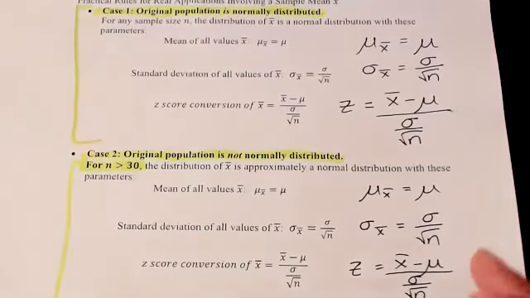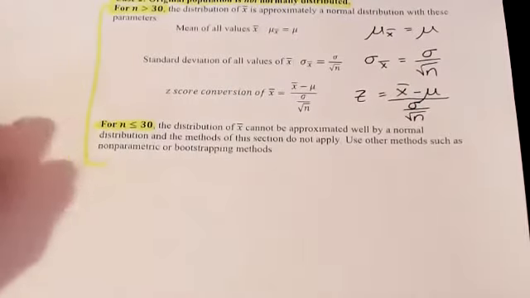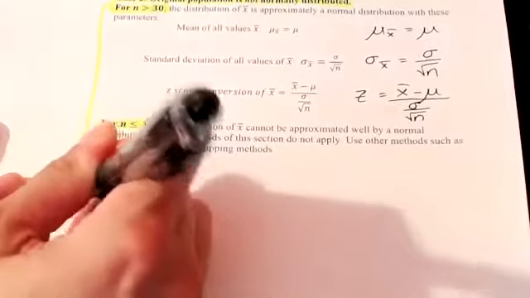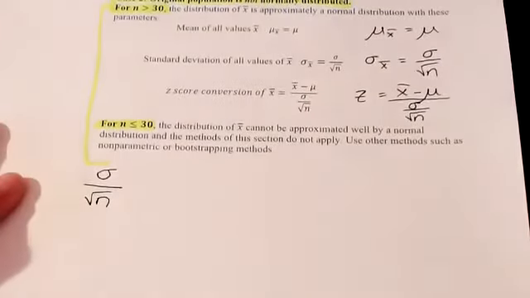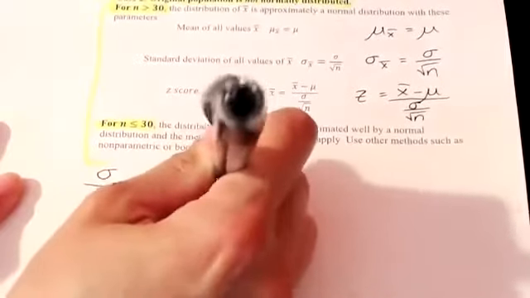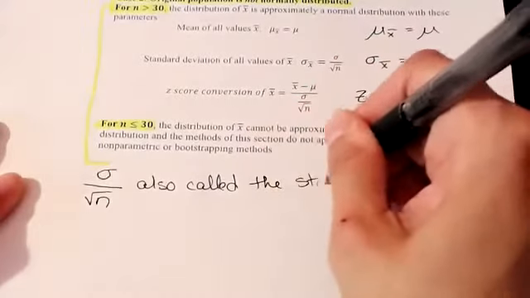I do want to make one other comment. I want you to know, and this is just for your reference, that sigma over the square root of n is actually also called the standard error of the mean.